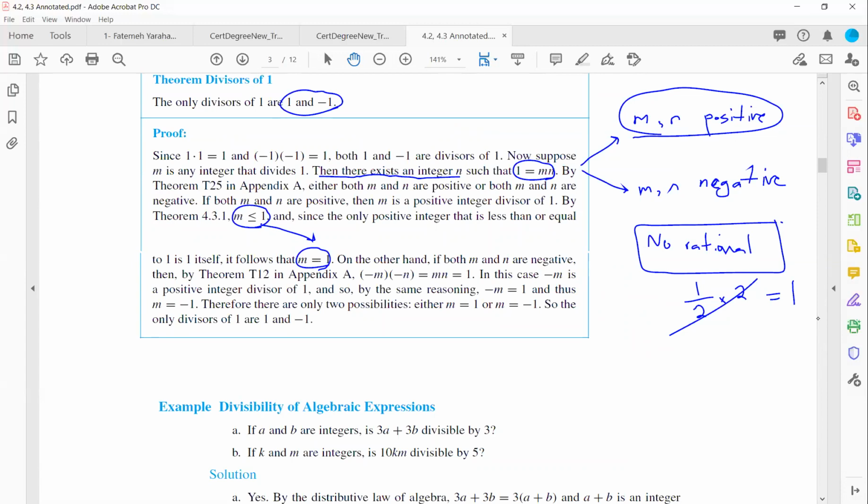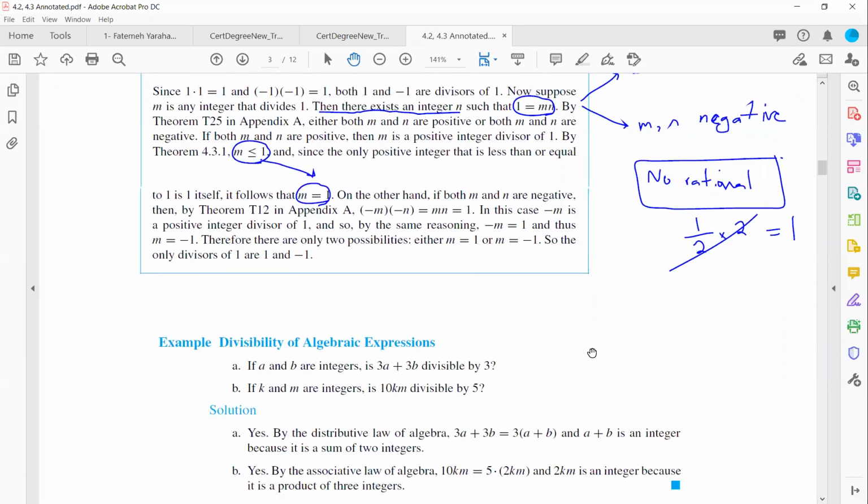So m is equal to 1. n must be equal to 1 as well. We have the exact same argument when they are both negative values. The only divisors of 1 are 1 or negative 1.